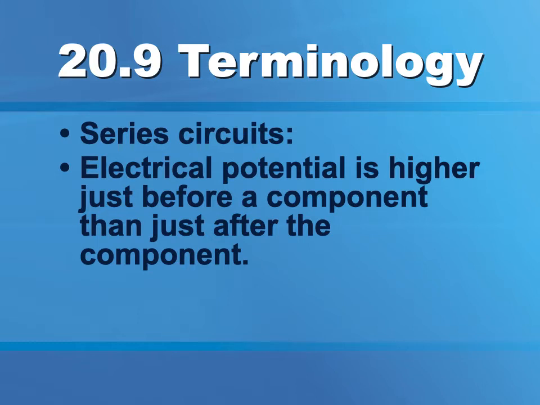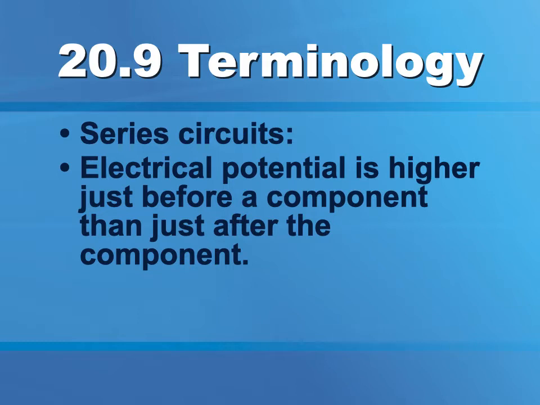So they say the electrical potential is higher just before a component than just after a component. Now, the wire is considered to be resistance free, no resistance whatsoever. That's not actually true. There is some resistance. So it's even true of a wire, but of anything other than a wire, it's distinctly true that it takes energy for the electron to go through that component.